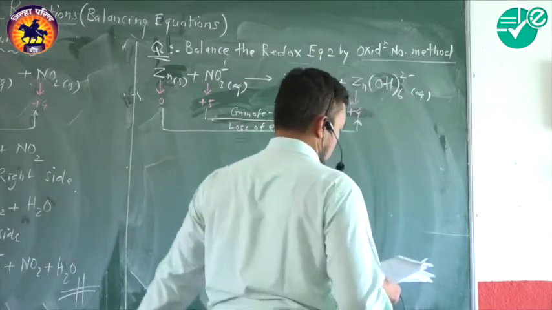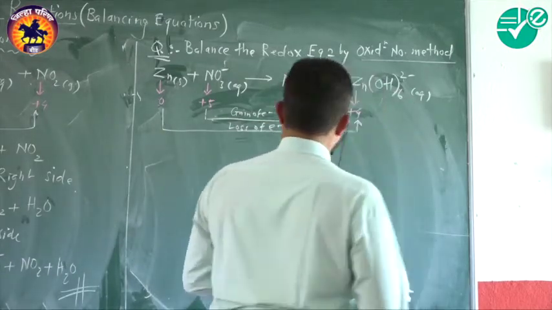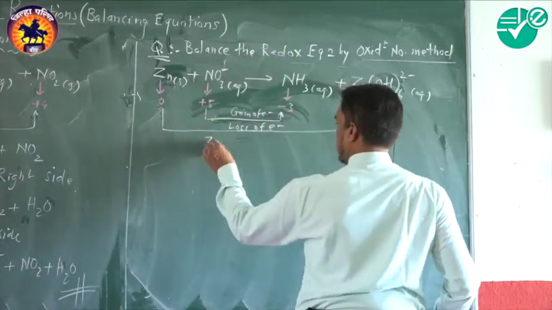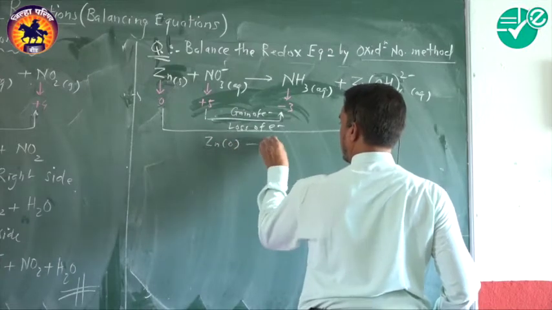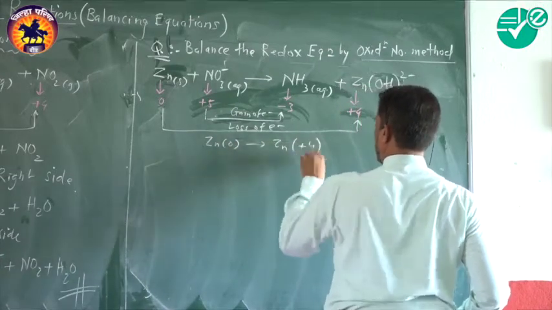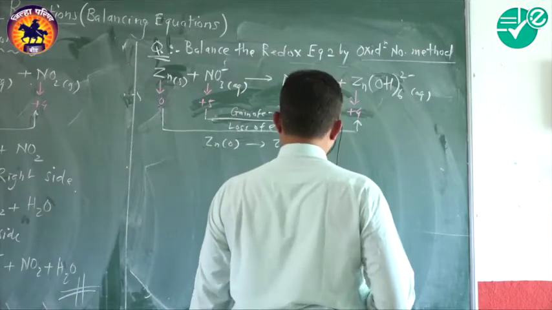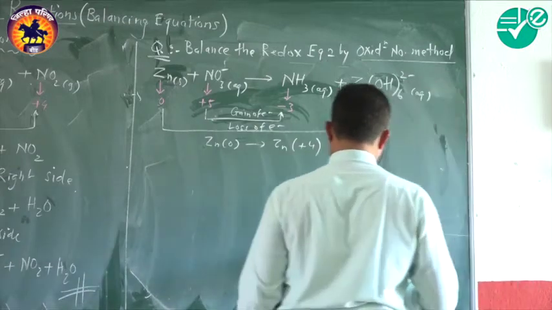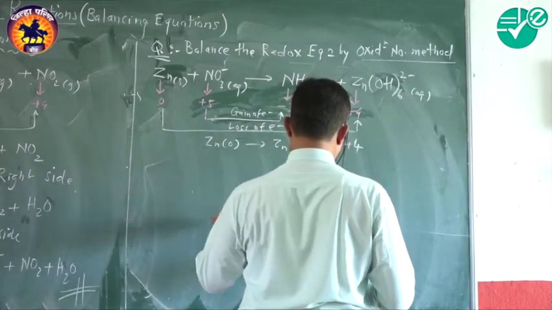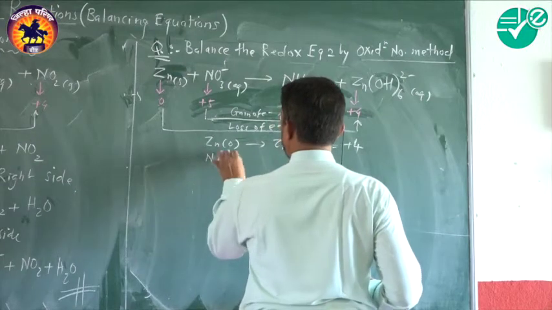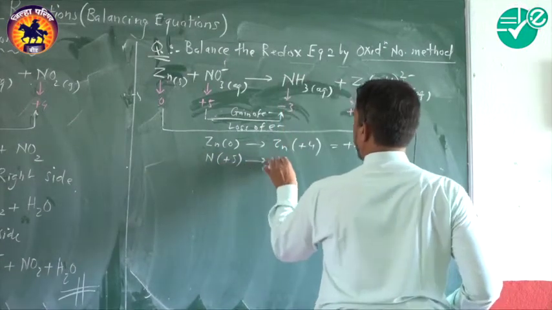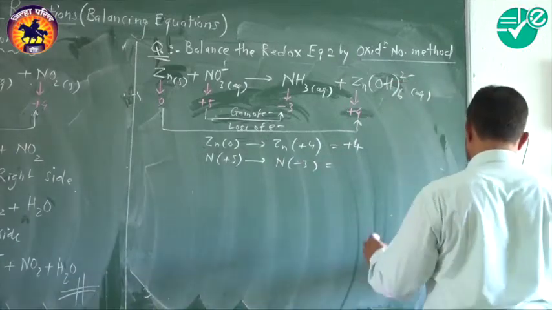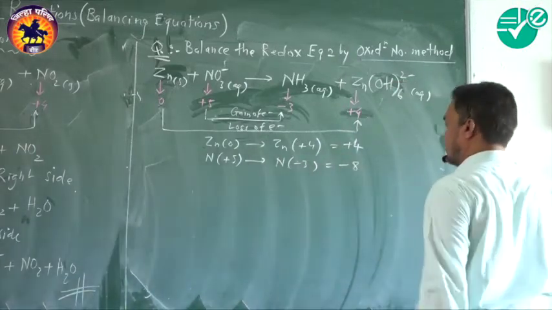So the oxidation number is increased from 0 to plus 4, that is the net increase is plus 4, whereas the oxidation number decreases in nitrogen from plus 5 to minus 3. So the net decrease in oxidation number is minus 8.